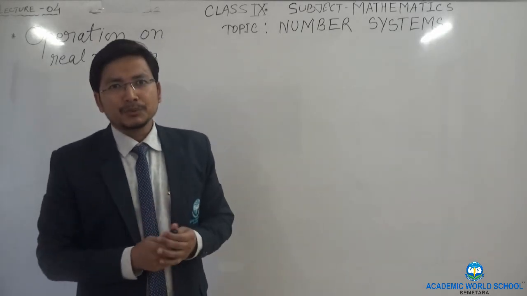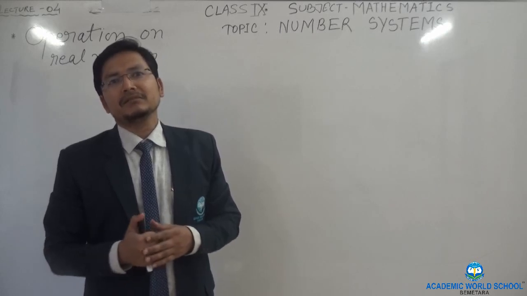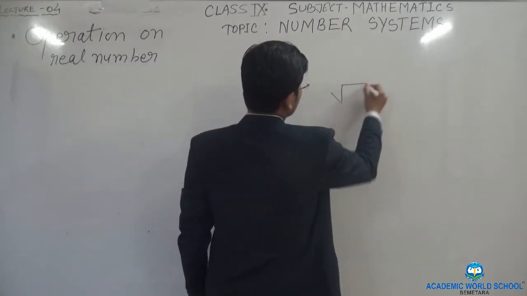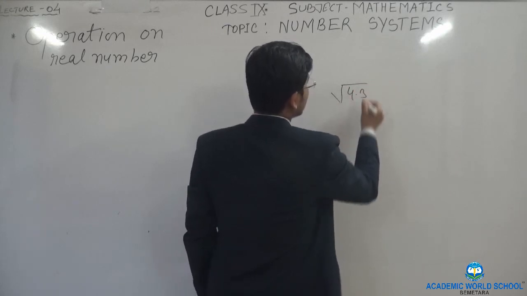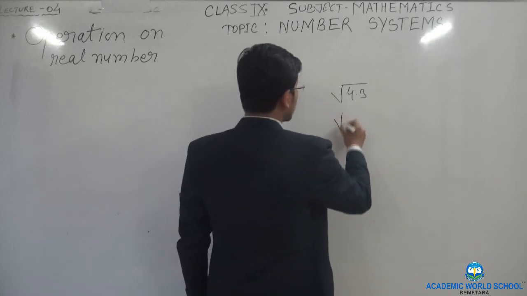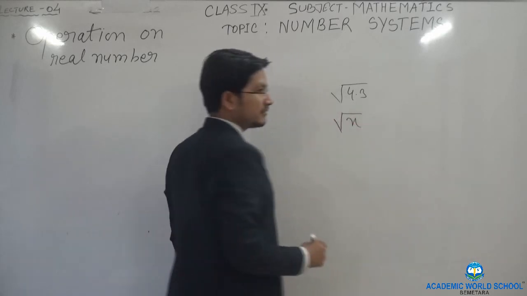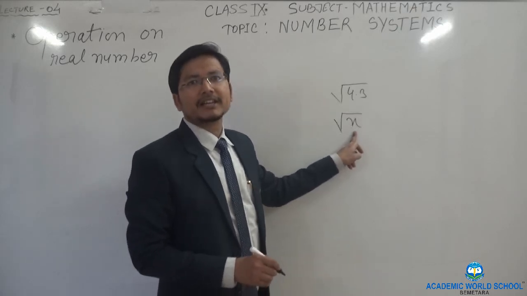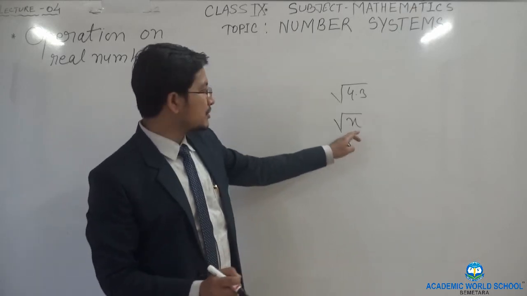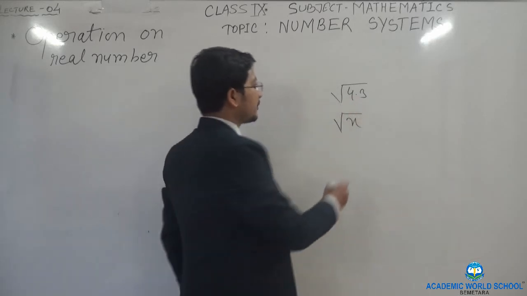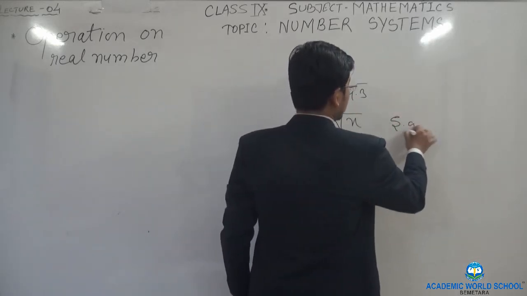Then we will be representing numbers like root over 4.3 on the number line. It means we are going to represent root x, where x can be any positive number. So then we will be representing root 4.3, root 5, root over 5.9.